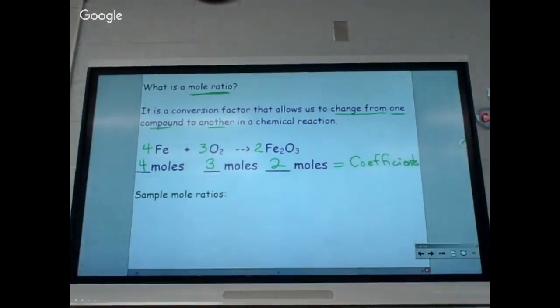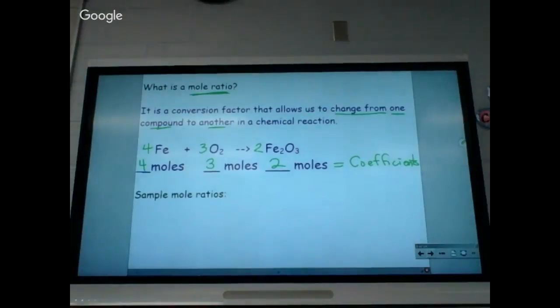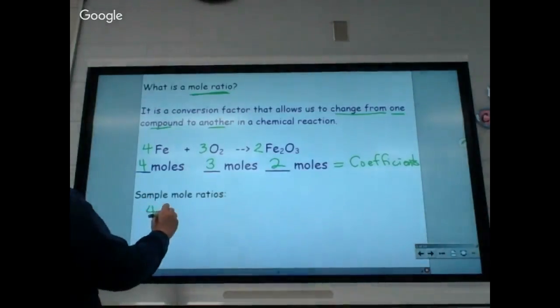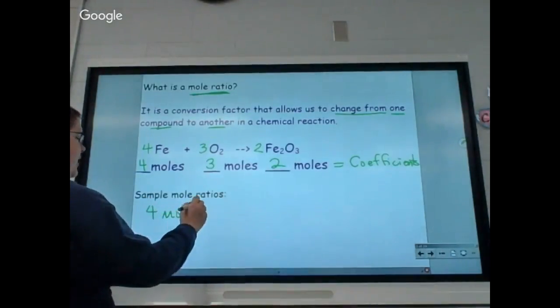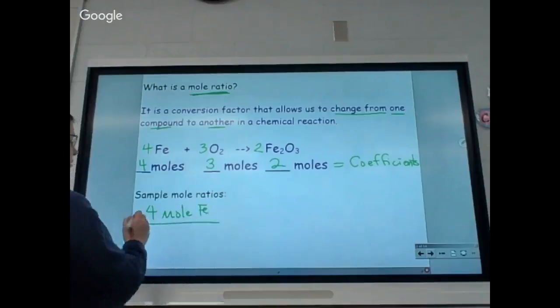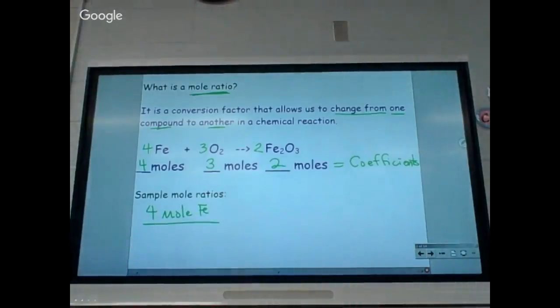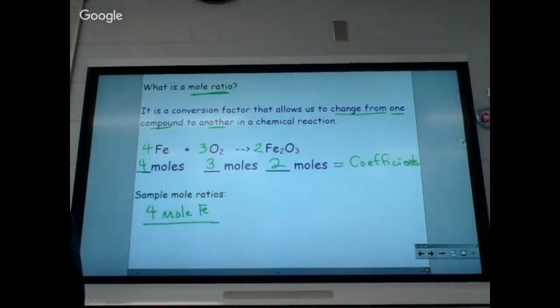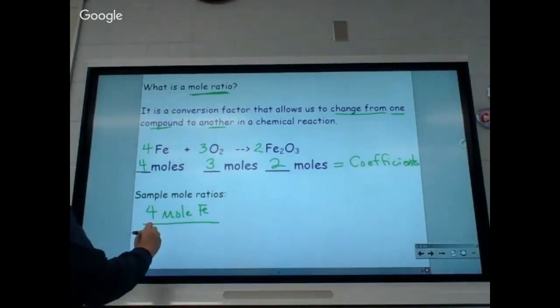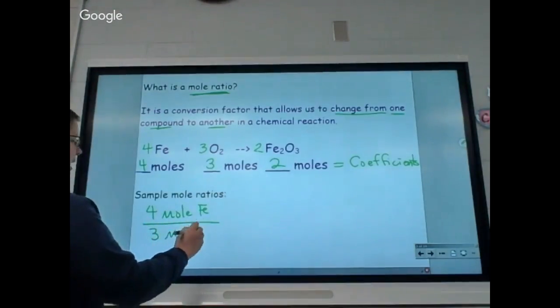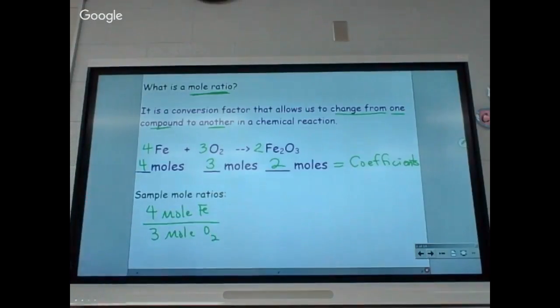Okay, so how many moles of iron are there? 4. Okay, so we write 4 moles of iron over, Abraham, give me something you like that's not iron out of the equation. Okay, over 3 moles of oxygen. That's the mole ratio.